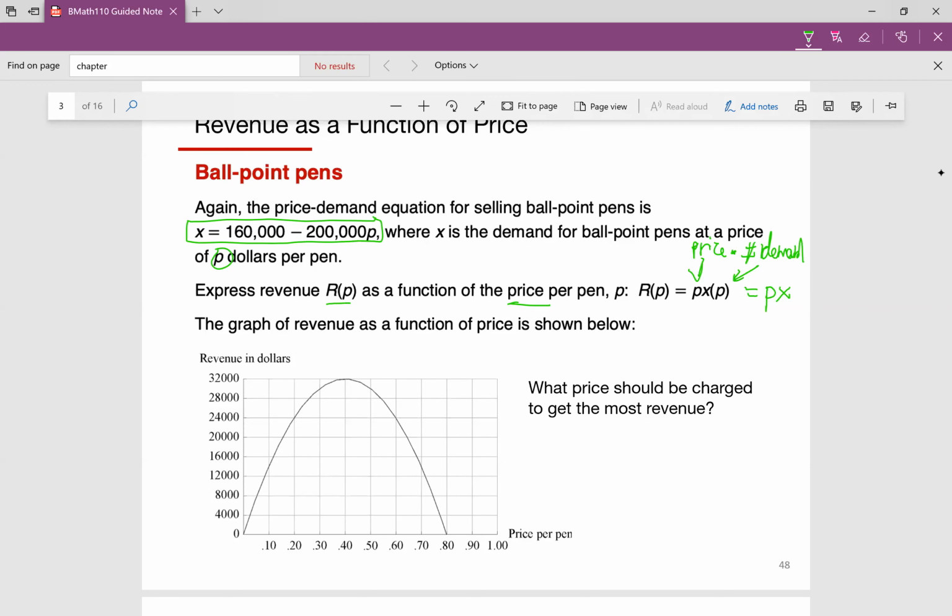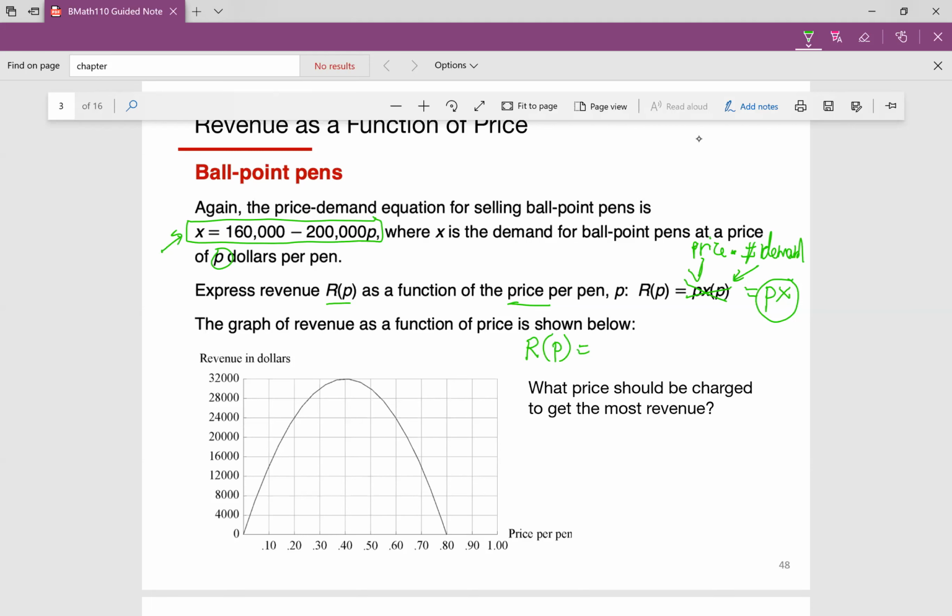Okay, so now let's see. I would love to cross this out because it may confuse you. So just take a look at the P times X here, and because you know that X is an equation in terms of P, I can substitute it and get another equation with only P. So the left hand side is still the revenue, right?